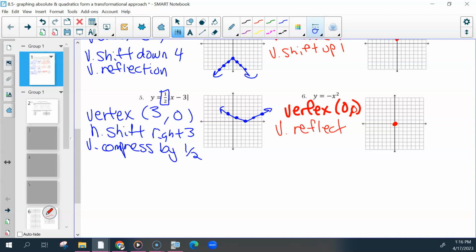So it means instead of it facing up, it's going to face down. But the parent function values are going to be the same. Instead of going right 1, up 1, we're going to go right 1, down 1. And left 1, down 1. And then instead of going right 2, up 4, we're going to go down 4, and left 2, down 4.